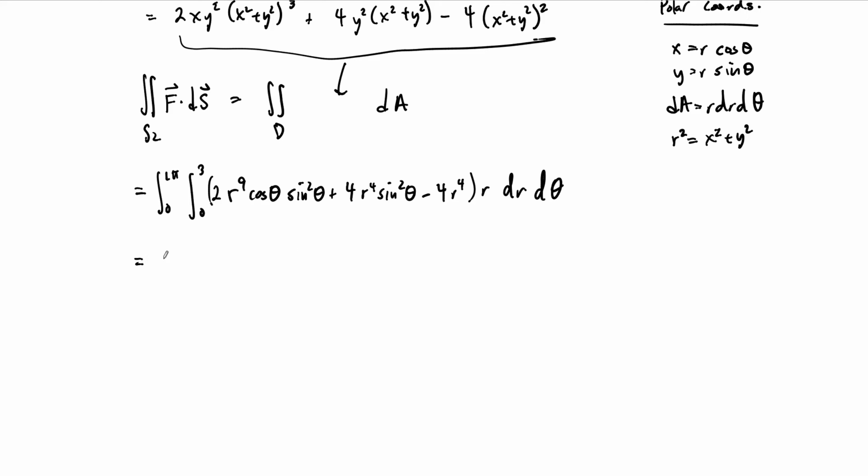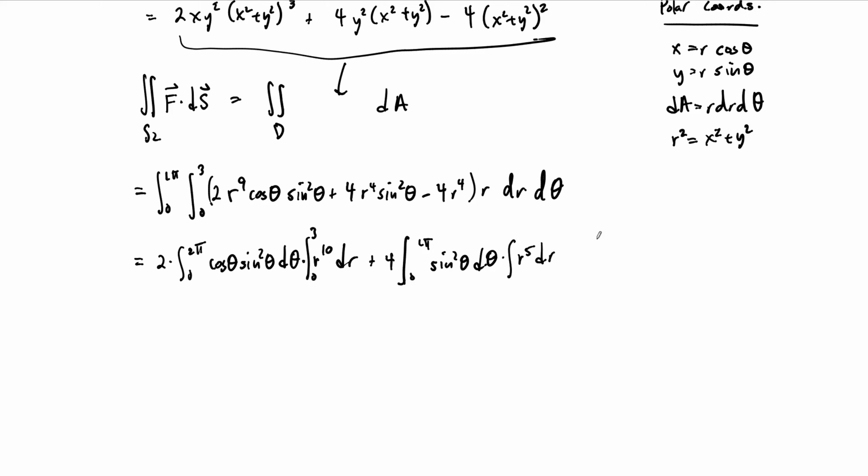So this one gives us 2 times the integral 0 to 2 pi cosine theta sine squared theta d theta times integral from 0 to 3 r to the 10th dr, plus 4 integral 0 to 2 pi sine squared theta d theta times integral r to the 5th dr, plus, that's minus 4 integral 0 to 2 pi 1 d theta times integral 0 to 3, this one's r to the 5th dr. All right.